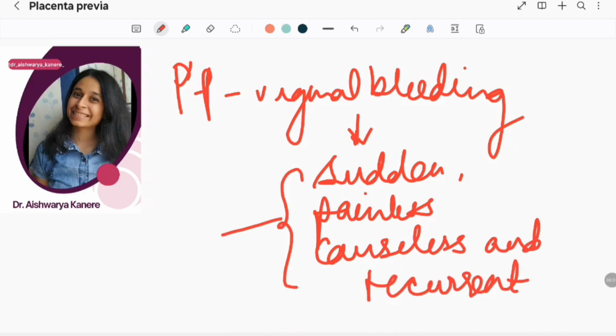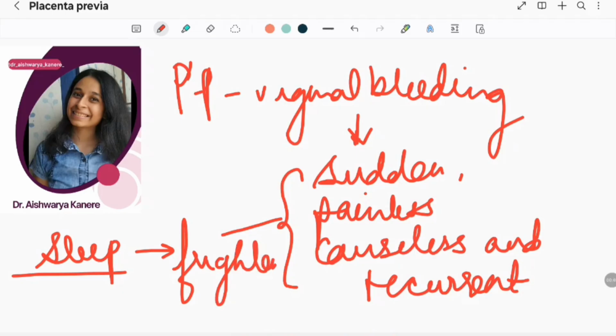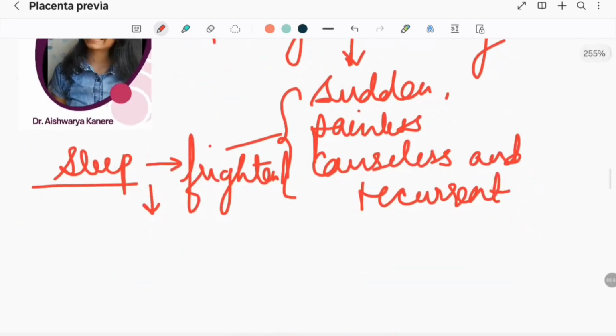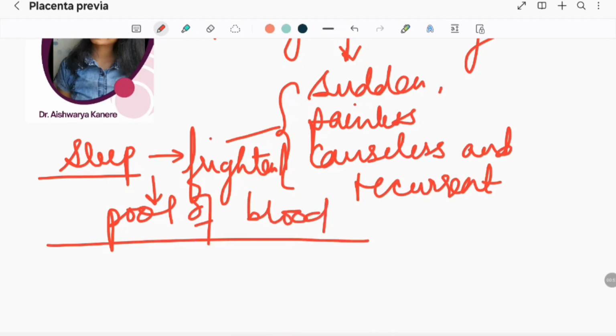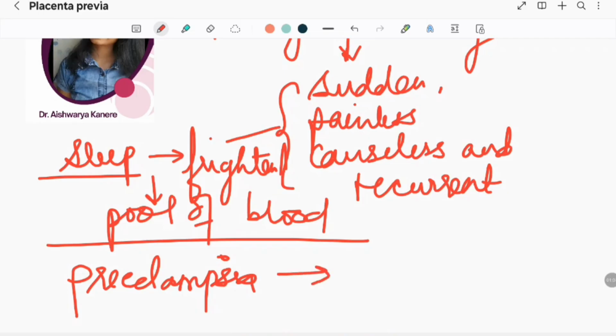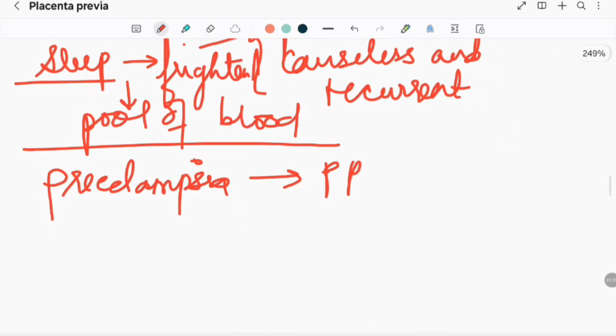It especially occurs during sleep, and the patient is frightened because she sees herself in a pool of blood. Usually, the causes of trauma and hypertension are absent here, but preeclampsia usually worsens or complicates the case of placenta previa. In the majority of cases, bleeding occurs before 38 weeks.